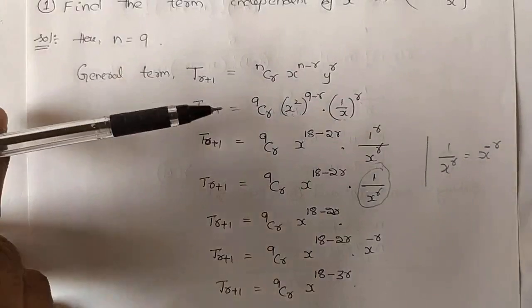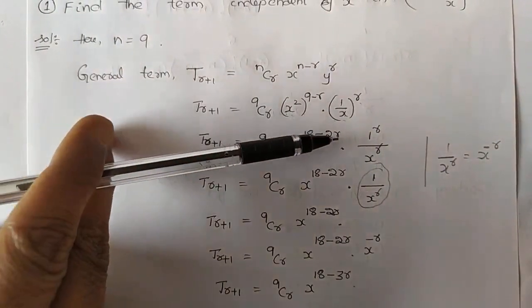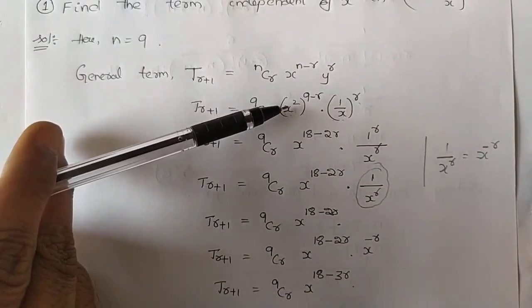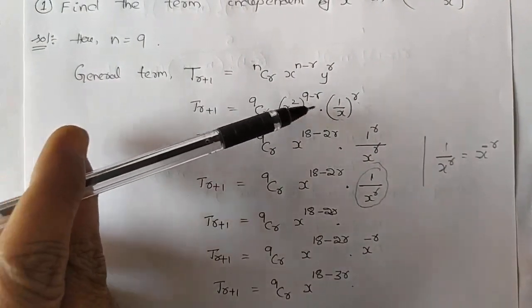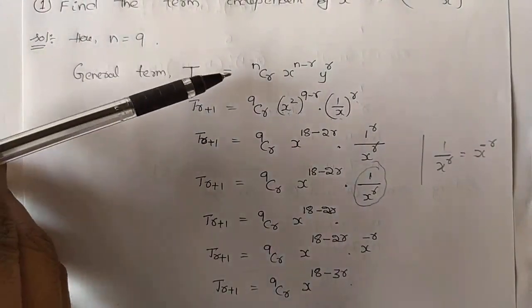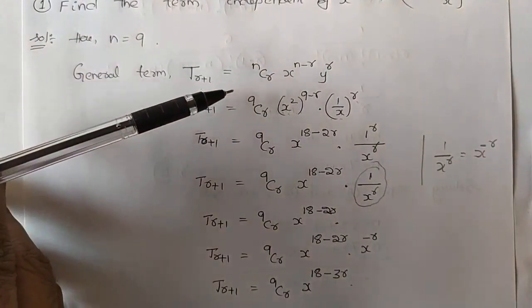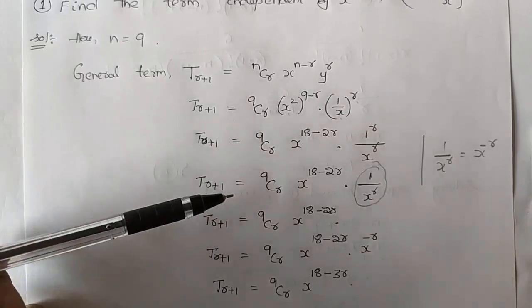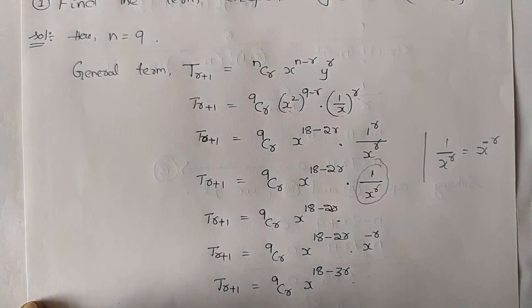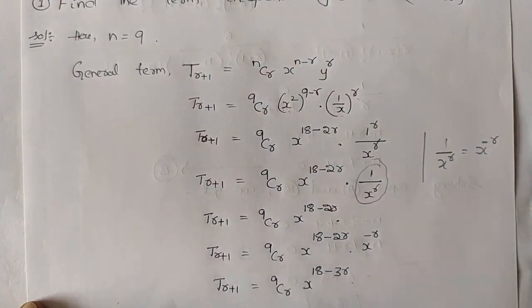In the starting step, we had two x, I mean x square and x. I already told you in the starting step itself that we have to simplify till 1 x comes. So after the simplification we have only 1 x.